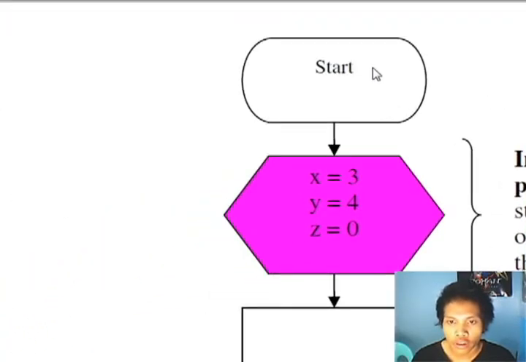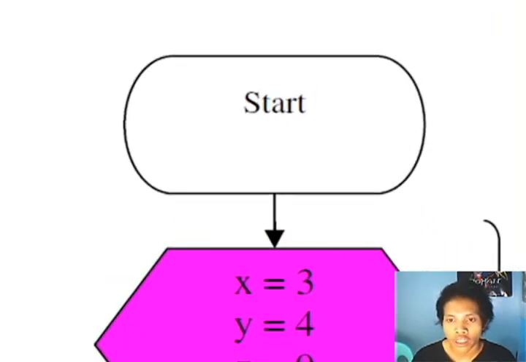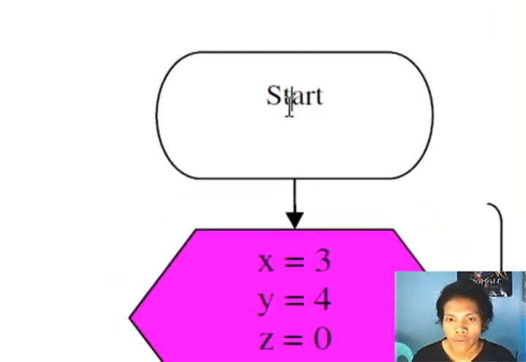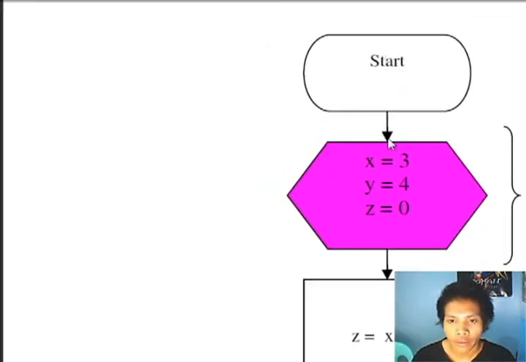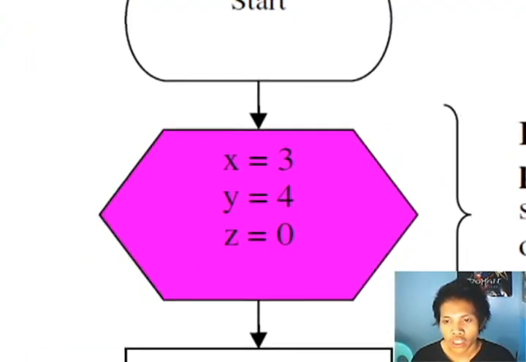First, we're going to put the symbol for our terminal, start, followed by a flow line that is headed to this symbol, which is for initialization or preparation.